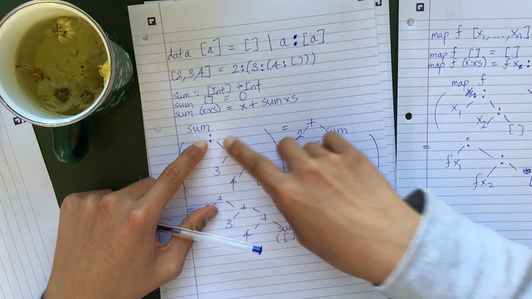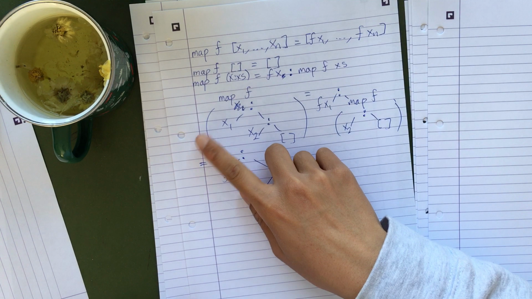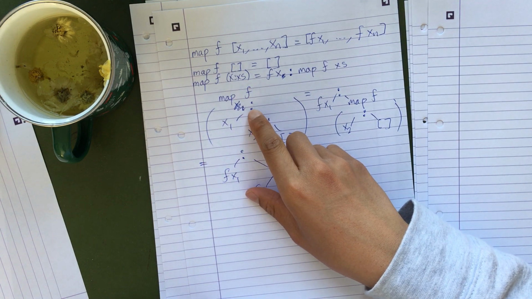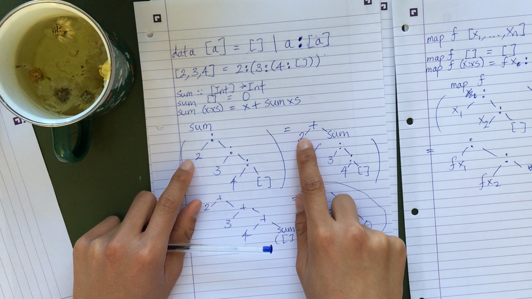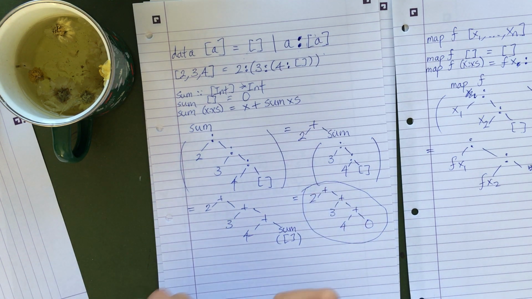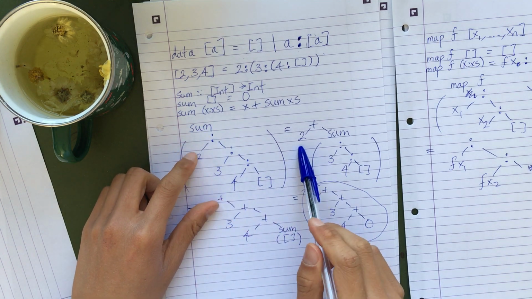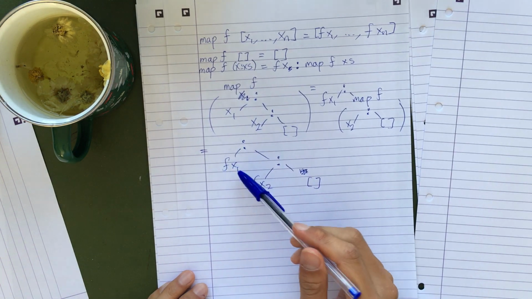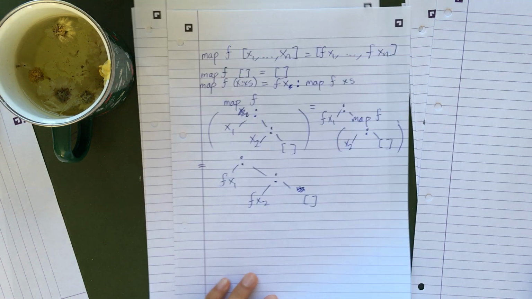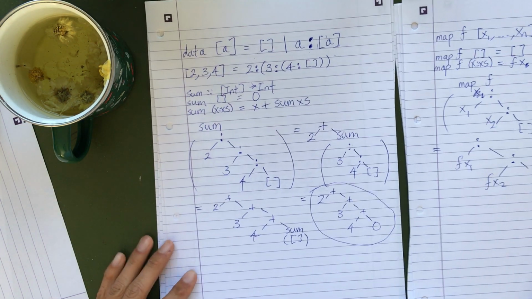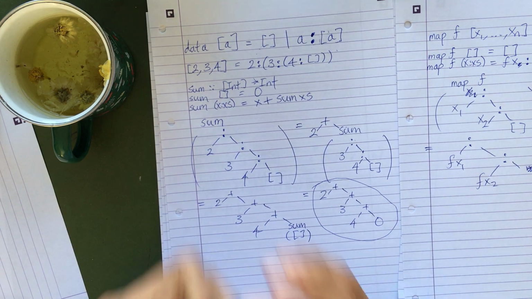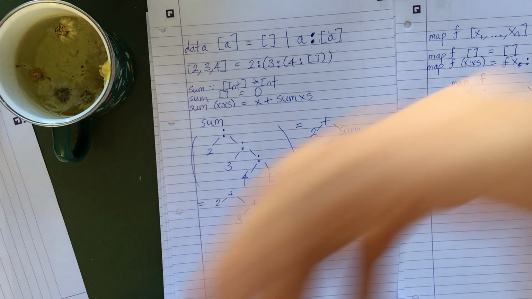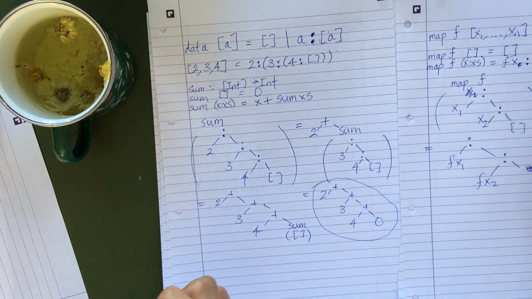So maybe here, replace the cons with plus, or in map, replace the cons with cons. And it's going to also do something to the first thing in the list. So for sum, it does nothing. But in map, it applies f to the first thing. So in general, our fold, our onion peeling, is going to allow us to combine the first element of the list somehow with the result, the output of the rest of the list, the fold of the rest of the list.